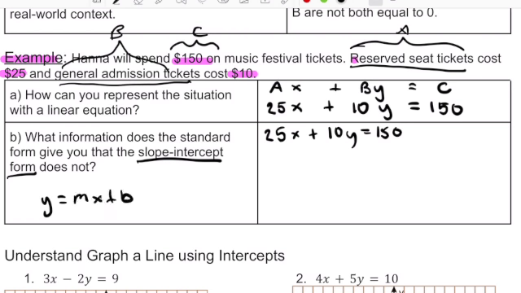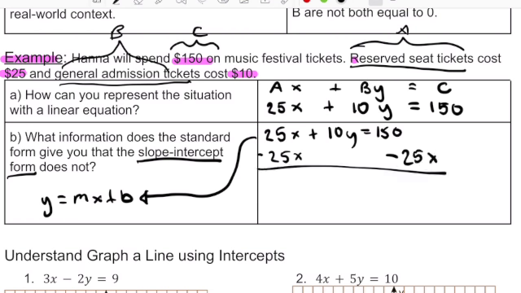So we'll need to turn our standard form into the slope-intercept form to compare between the two. We will do that by subtracting 25x from the other side. That cancels out. And now we have 10y equals 150 minus 25x.